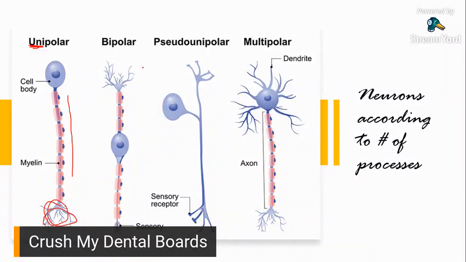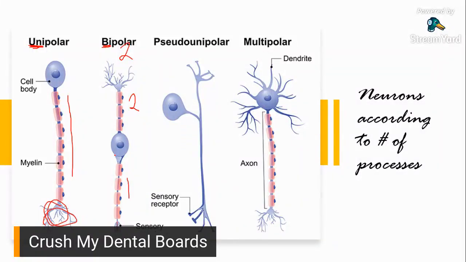Okay? Then, if this is uni, you have one, then if you have bipolar, you have two. So you have one process right here, and another process here. So you have two processes, bipolar.